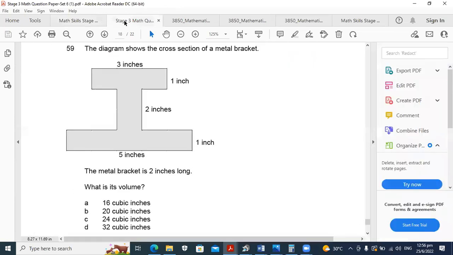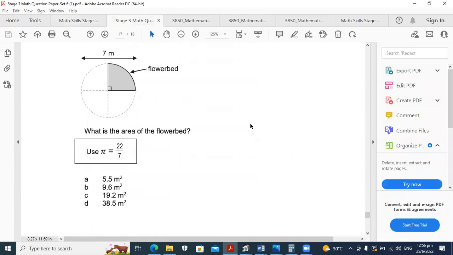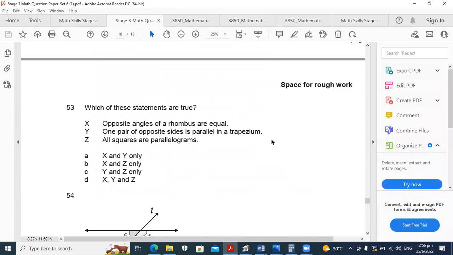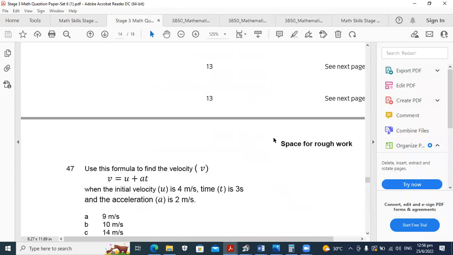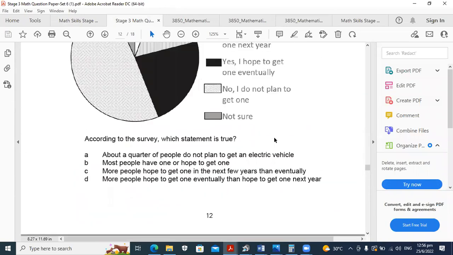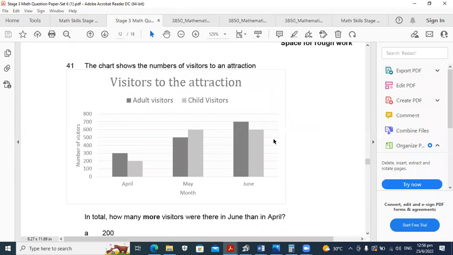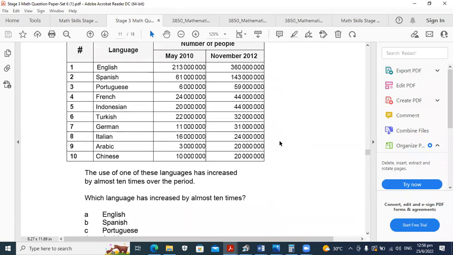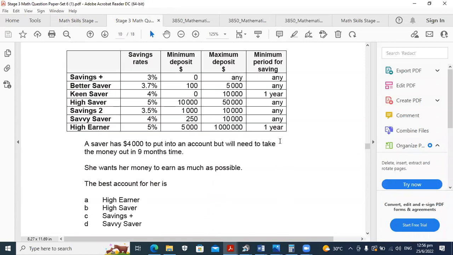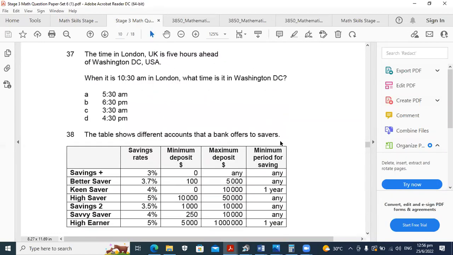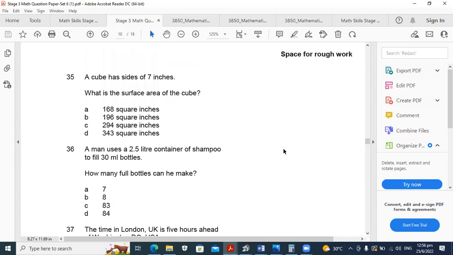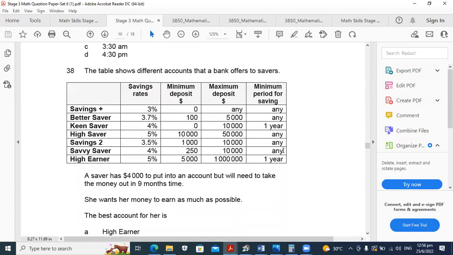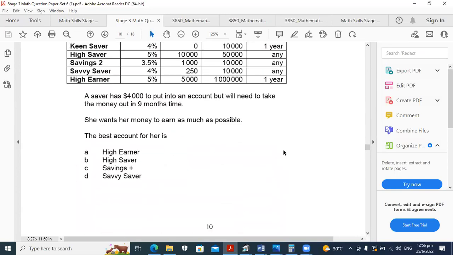I think we did some of these questions already. They don't repeat questions, but the questions are the same.